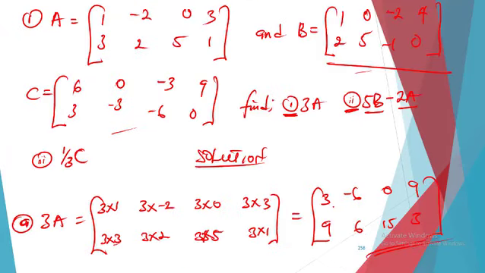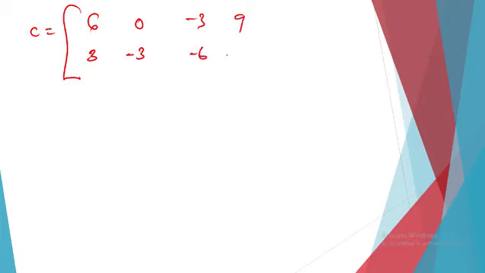So let us look at the last question. They said we should find 1 over 3 C. So let's copy our C down here. Our C is equal to 6, 3, 0, minus 3, minus 3, minus 6, then 9 and 0. Then 1 over 3C would then be equal to everything here times 1 over 3.